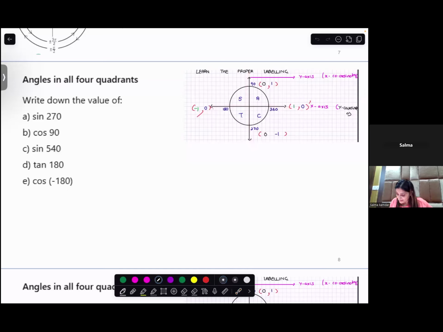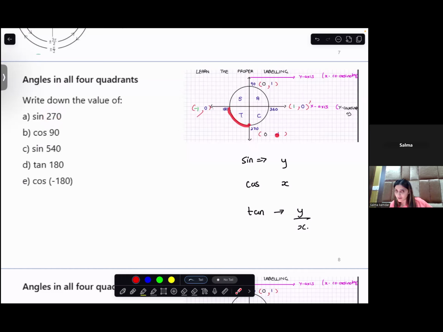Sine is always the y coordinate, cos is always the x coordinate, and tan would be always the y over the x. I want to find sine 270. Sine 270 would lie over here.